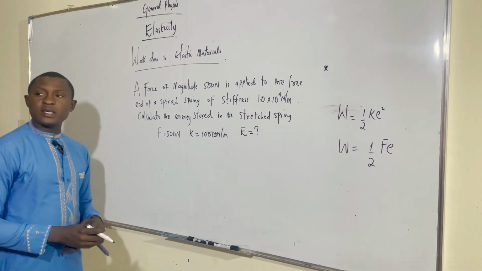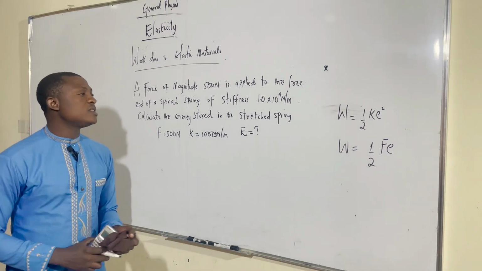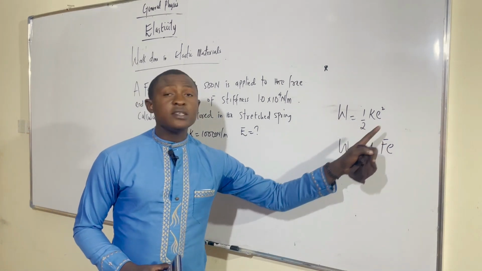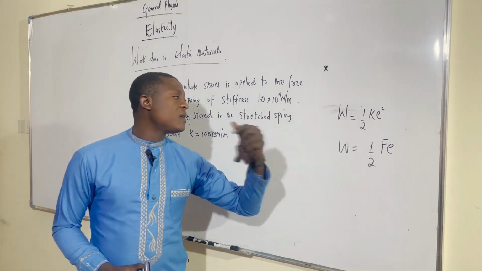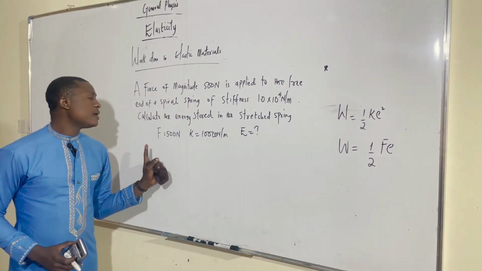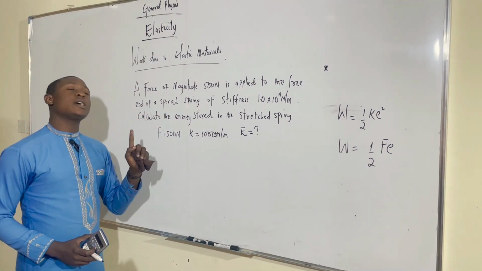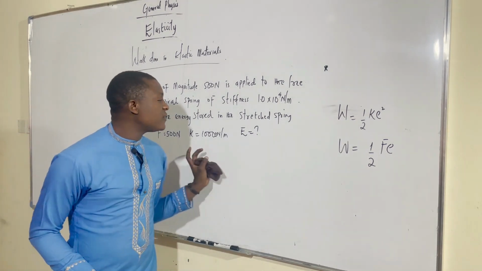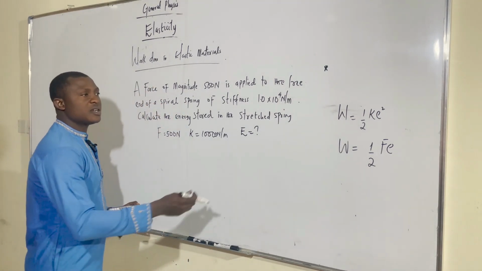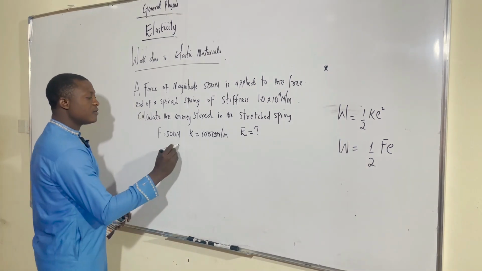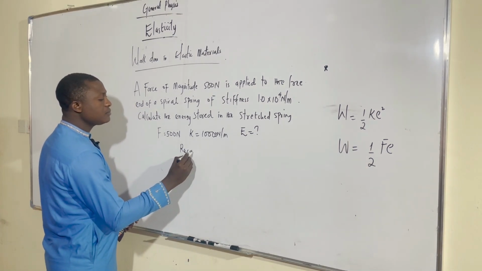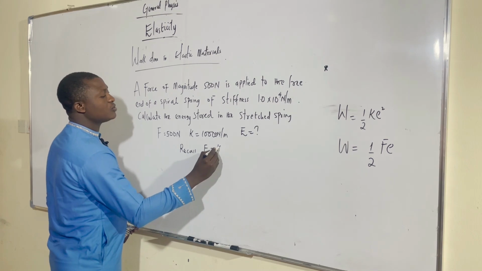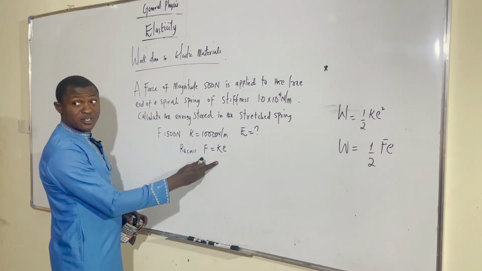If you look at the two formulas that we have, the first one is half K E squared and the second one is half F E. We are given force and at the same time stiffness, which is the elastic constant, meaning neither of these two equations directly satisfies the data given. But you can recall that F is equal to K E from Hooke's law.